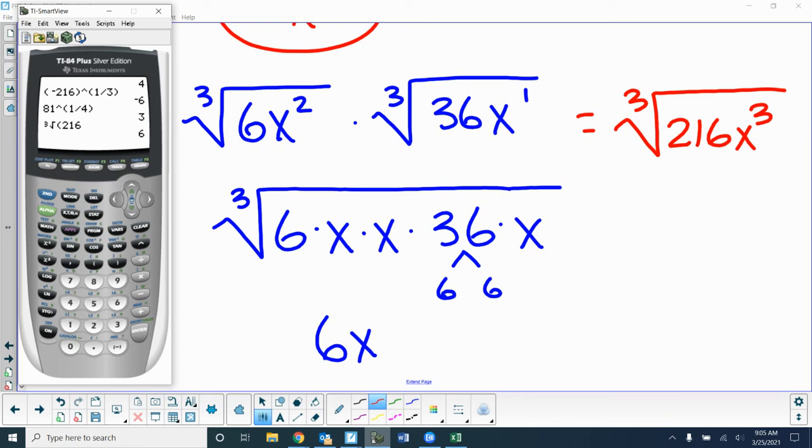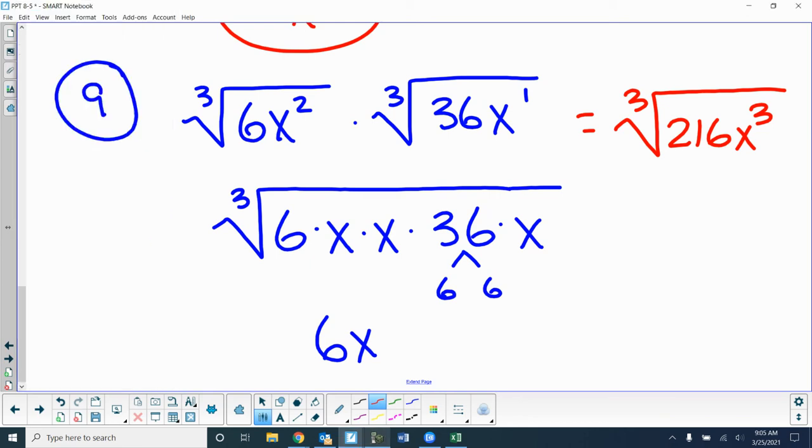And again, you know cube root of x cubed is x, right? So you still get 6x either way. Whichever way you understand better, makes better sense to you, do it. That's why I'm showing you the different way. I'm not trying to confuse you. I'm trying to help you see which way works best for you. Questions? Okay. Last one.